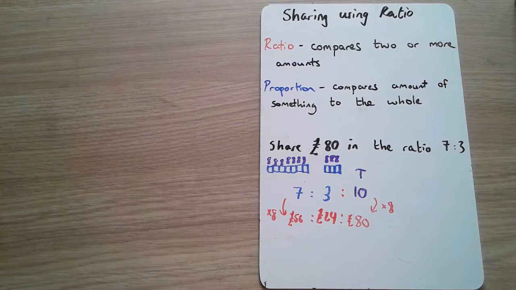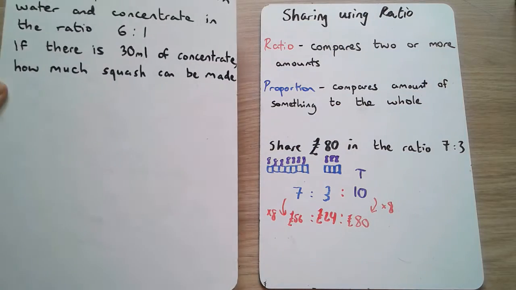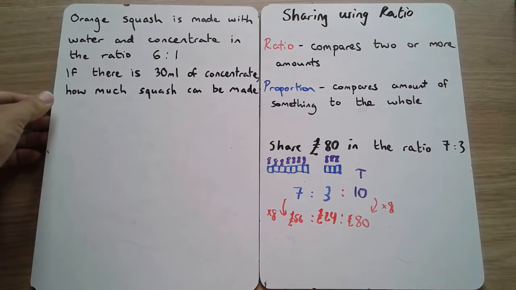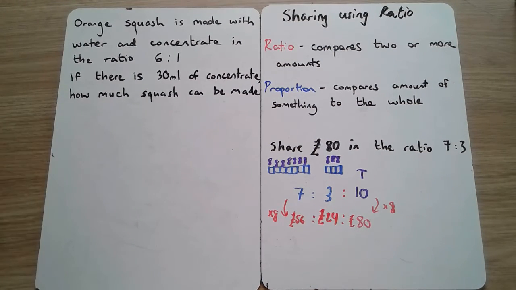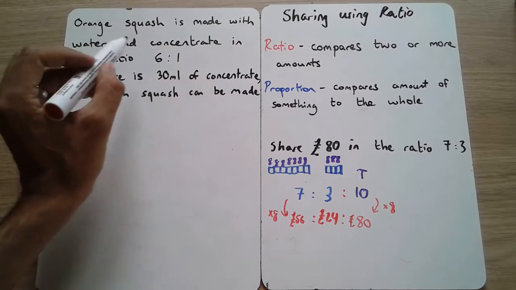Now we're going to apply this to a couple of worded questions just to give us an understanding. My first one talks about orange squash. Orange squash is made with water and concentrate, in the ratio of 6:1. When it tells you the ratio, you have to be consistent with the order they're giving it.